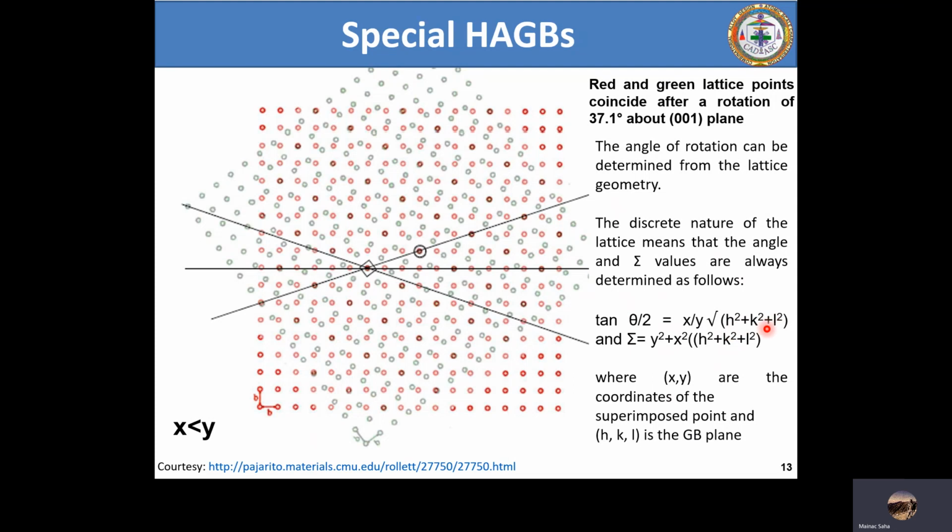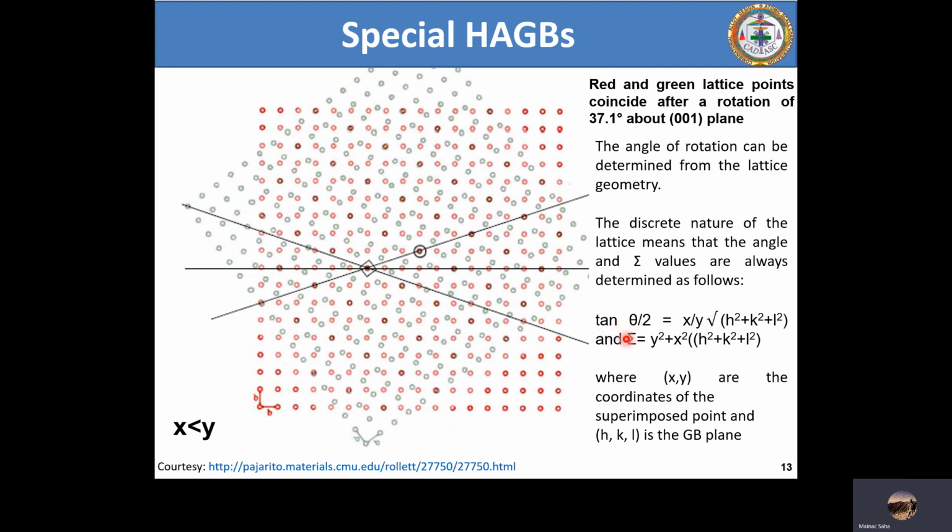In the absence of either of the values of HKL or theta, if we know the value of sigma, then we can definitely find out the value of HKL, provided the theta value is known. Similarly, if we know the value of HKL, it is simple and straightforward. The only thing we have to know is x and y, which are nothing but the coordinates of the superimposed point.